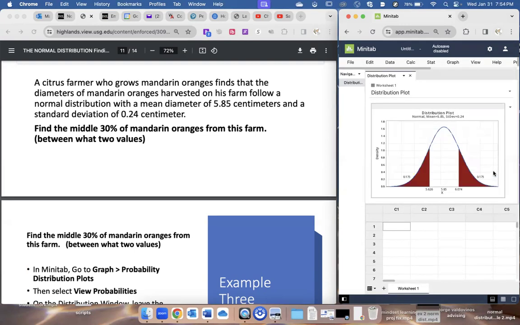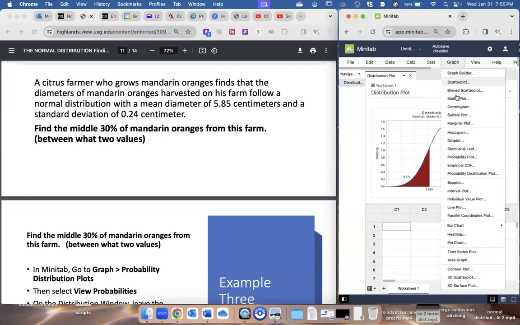I get this graph, but this middle is not 30%, because I can tell the outsides are 0.175, that's 17.5% and 17.5%. That's only 35% out here. So that means this would be 65% in here, and that's not what we're looking for. We're looking for 30% in here. So what's happened is we need 0.35 and 0.35 out here.